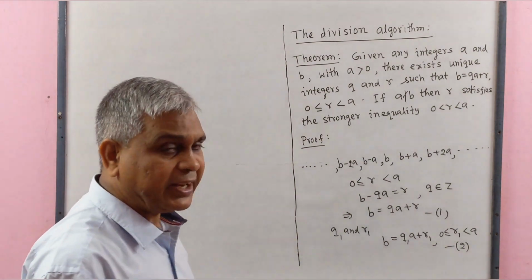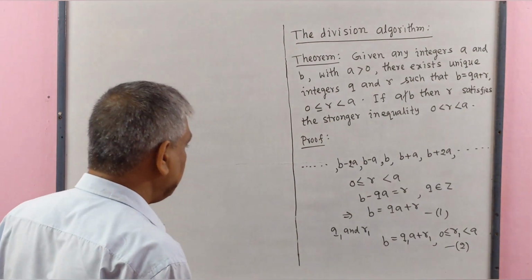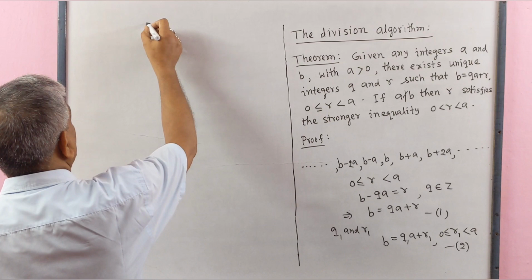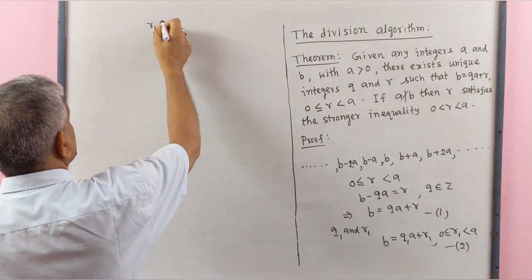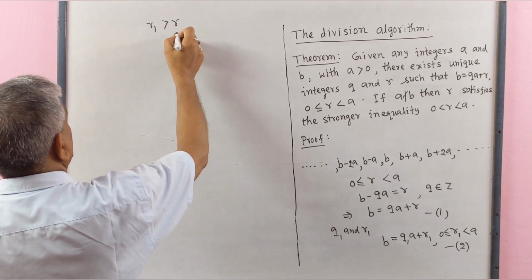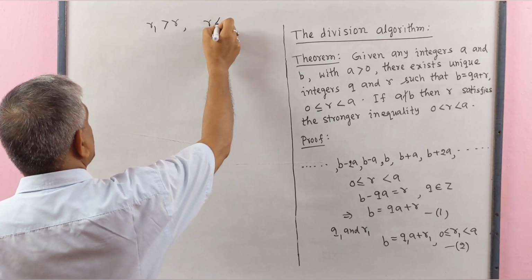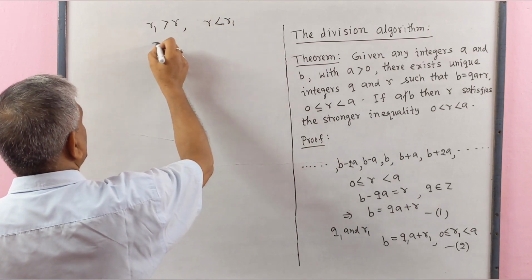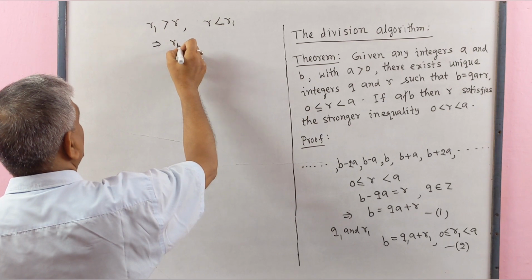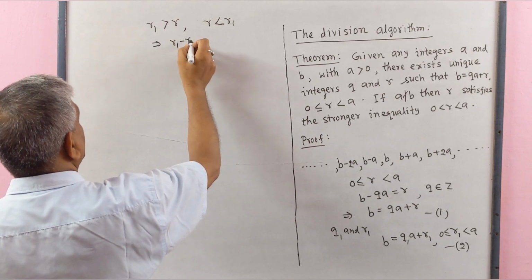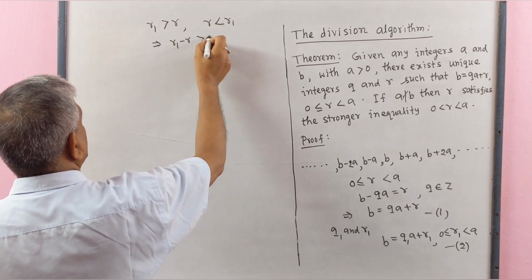Without loss of generality, let us consider r1 greater than r. That is, r is less than r1, which implies that r1 minus r greater than 0.